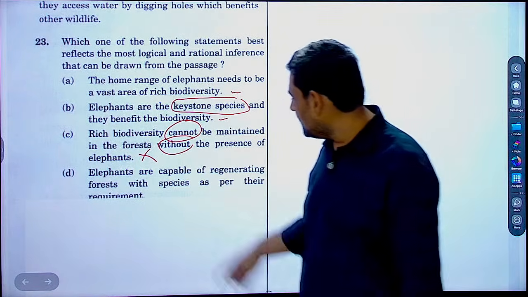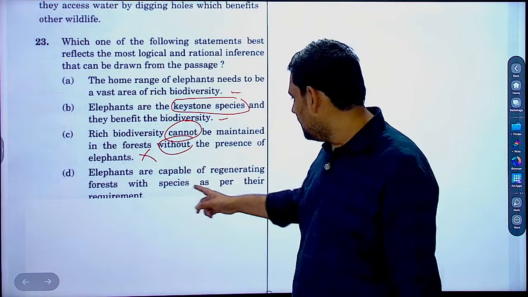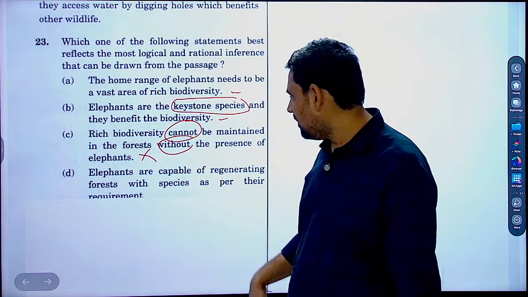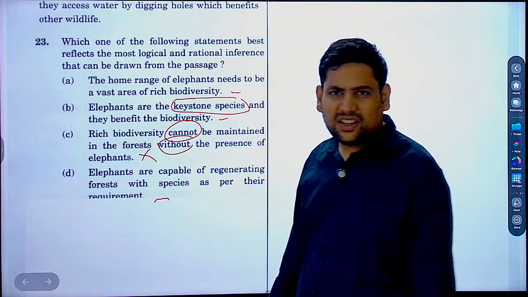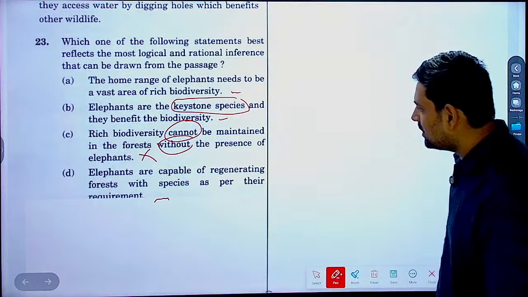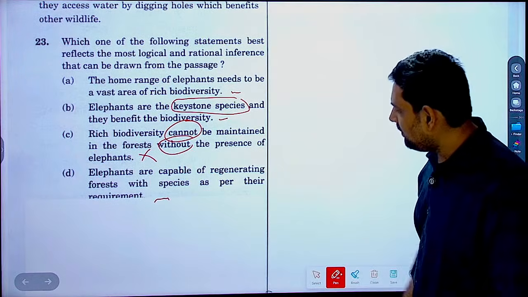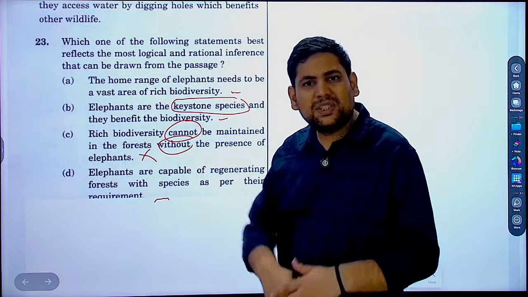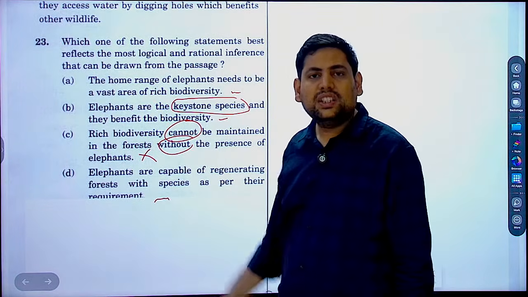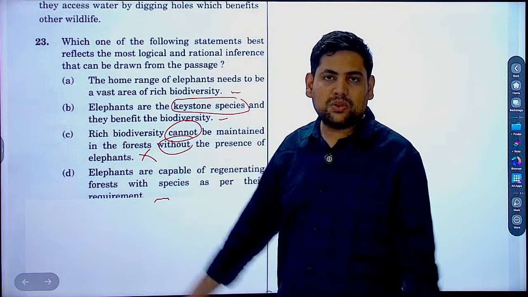Then, elephants are capable of regenerating forest with species as per their requirement. This is still an extreme statement. No, not completely regenerating the forest. They help in regenerating the forest is a more correct term.